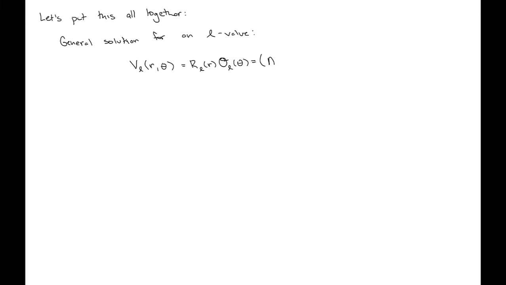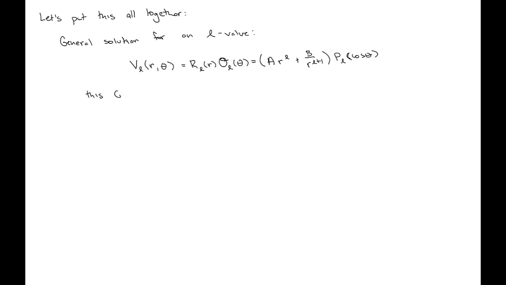And then we've got some constants here: A times r to the L plus B over r to the L plus 1, times our Legendre polynomial evaluated at cosine of theta.